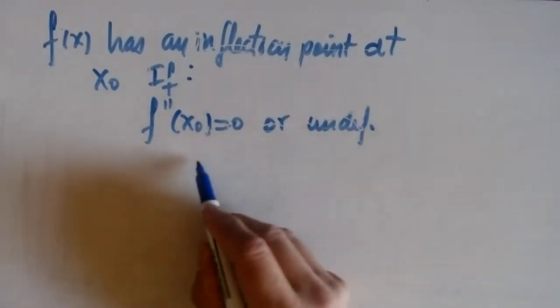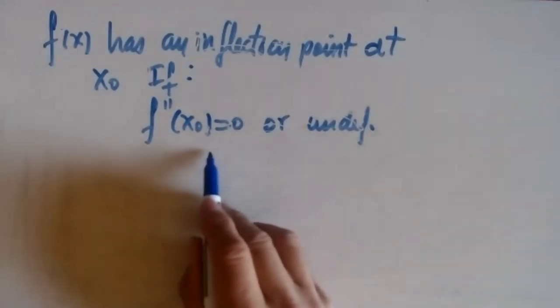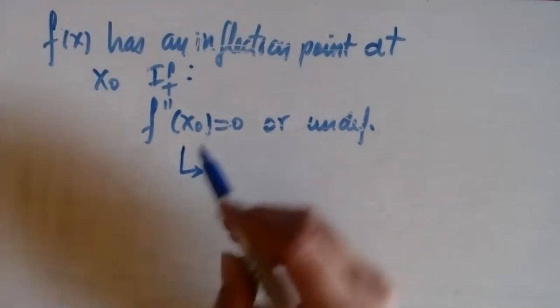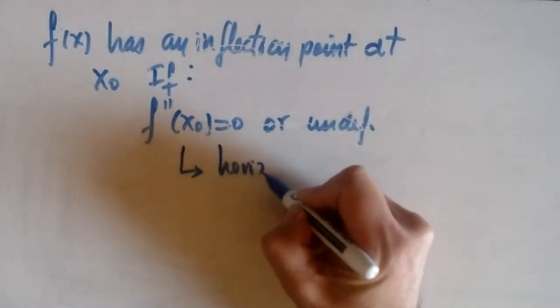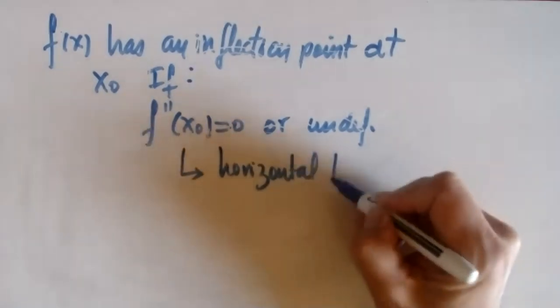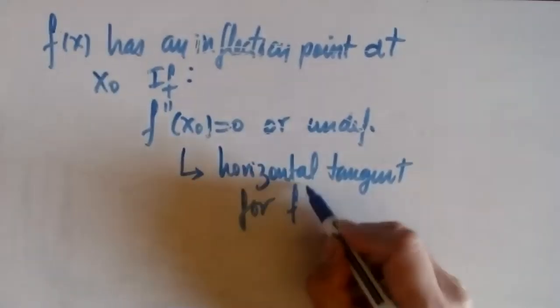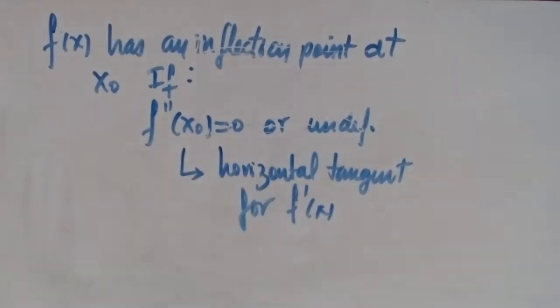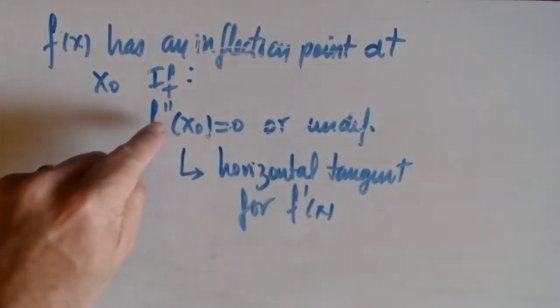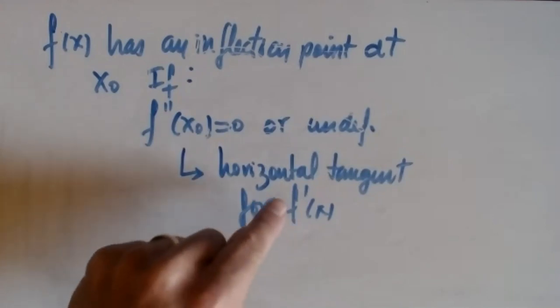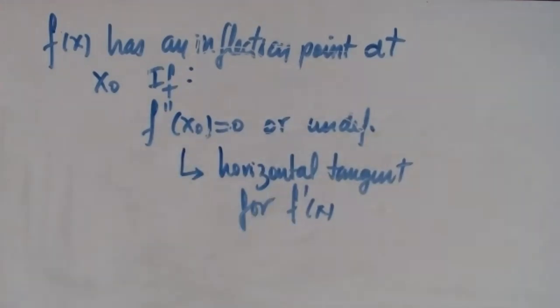This is a horizontal tangent for F prime of X. So this is the second derivative. This is the slope of the tangent lines of this derivative, correct? So let's go back to our screen.